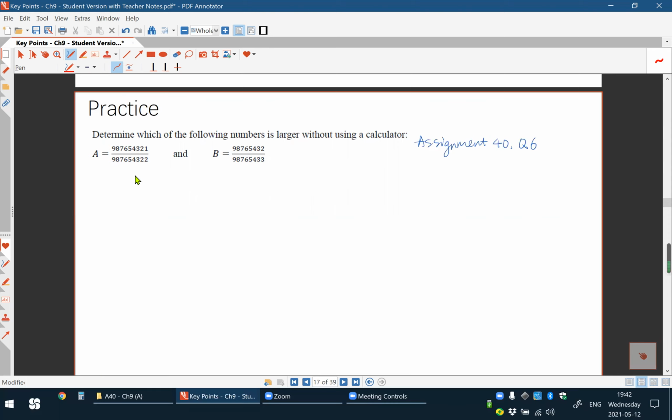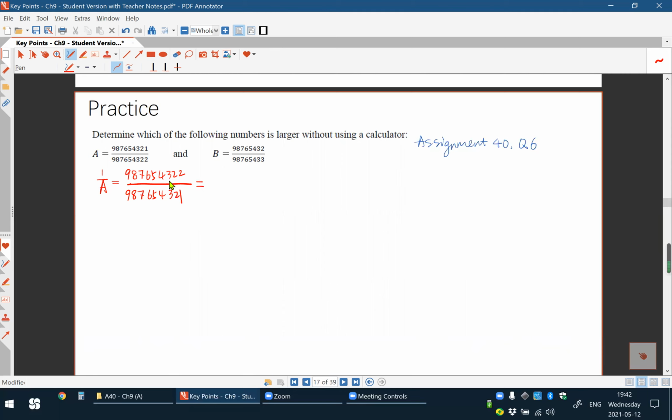Okay, so by observation, I think one of the ideas is to flip the numerator and denominator. Why? Because if you flip them, you can see that the reciprocal of A is actually this one over, right?